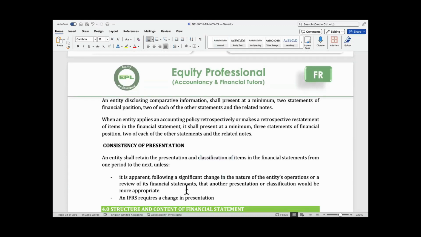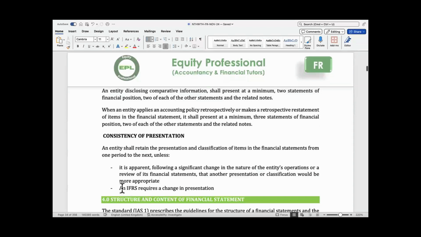But it has to be significant. We don't want it to be changing. It will affect comparability. So don't change the way you present and classify items, except there's a significant change in the nature of your operation, or there is an IFRS that requires change in presentation. If there's an IFRS that requires change in presentation, then fine, why not?